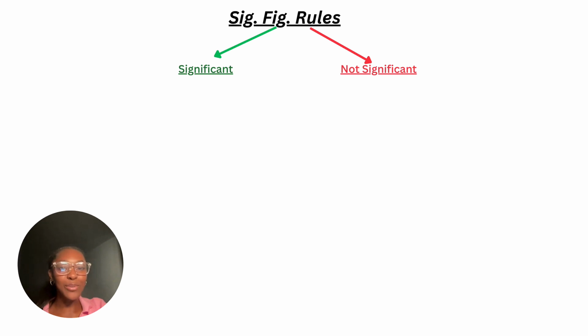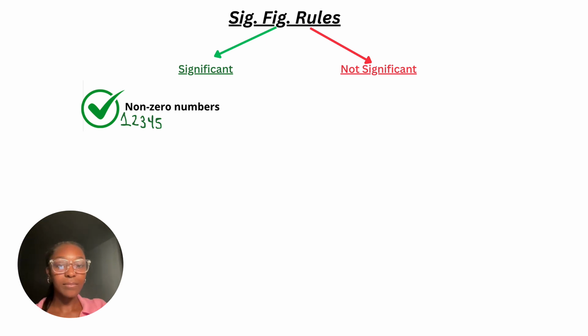So let's go ahead and dive into these sig fig rules, and we're going to start with the ones that are significant. The first one is our non-zero numbers. And it's kind of in the name: 1, 2, 3, 4, 5, 6, 7, 8, 9. All those numbers that are, of course, not zero.